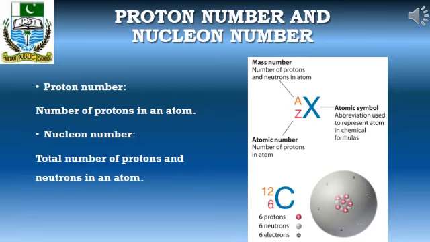This is because the mass of an atom depends on the numbers of protons and neutrons in the atom's nucleus. The mass of electrons in the atom is said to be negligible, as we have already discussed. So nucleon number, that is represented by A, is equal to number of protons plus number of neutrons.